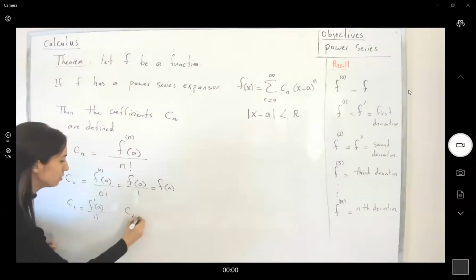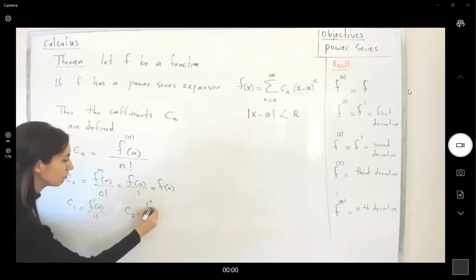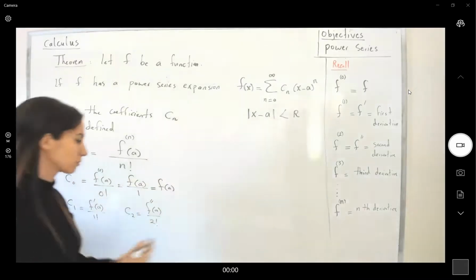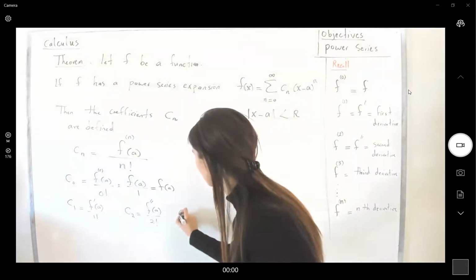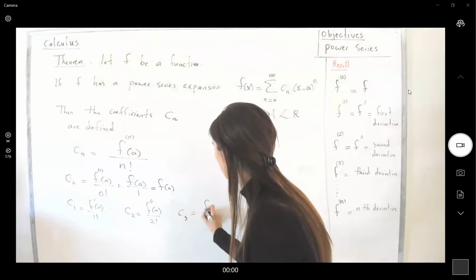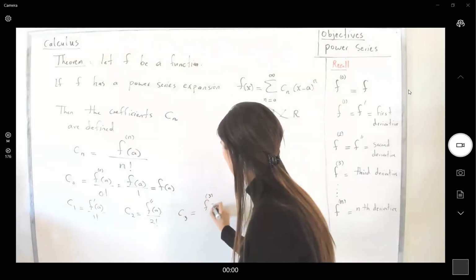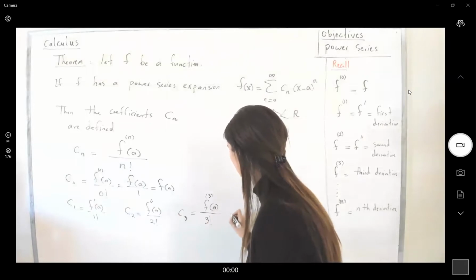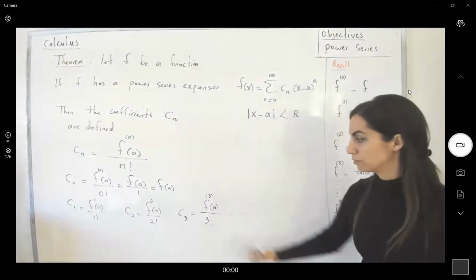C sub 2 is the second derivative of the function evaluated at a divided by 2 factorial. C sub 3, the third derivative of the function evaluated at a divided by 3 factorial, and the rest of them.